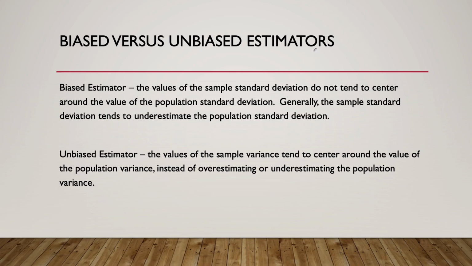For the most part, the sample standard deviation tends to underestimate the population standard deviation due to the division by the degrees of freedom of n-1. The unbiased estimator is where the values, for example, of the sample variance tend to center around the value of the population variance, instead of overestimating or underestimating the population variance.